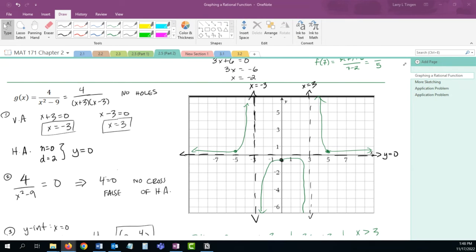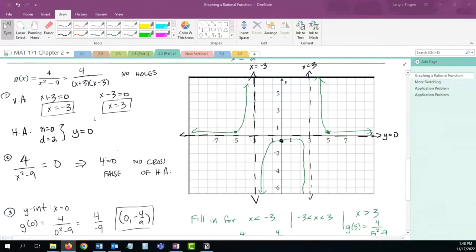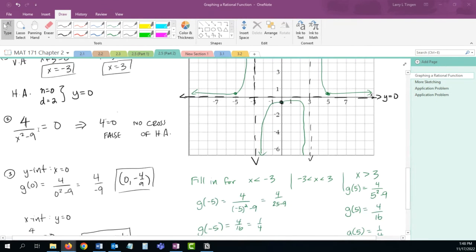Please understand that when I'm asking you to do these sketches, I want you to show me that you know how to find vertical asymptotes. I know how to find holes. I know how to find a horizontal asymptote.